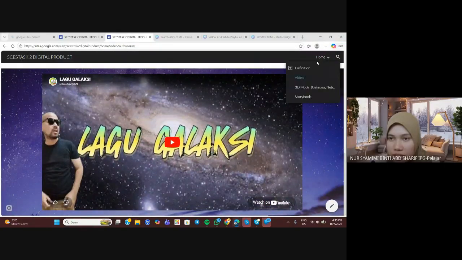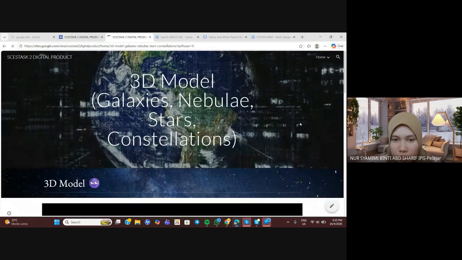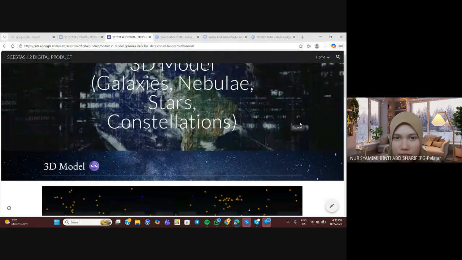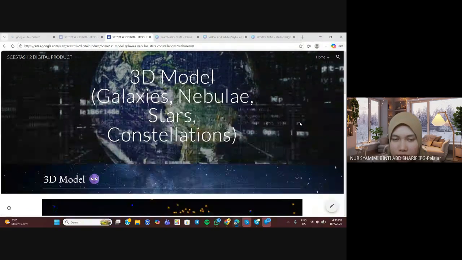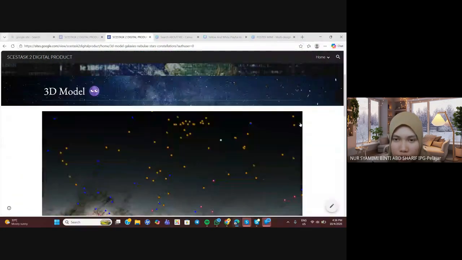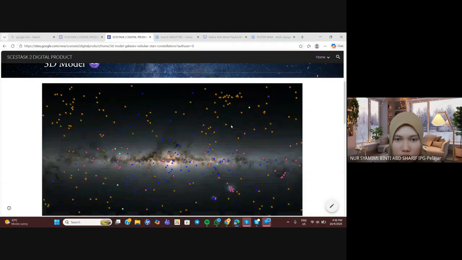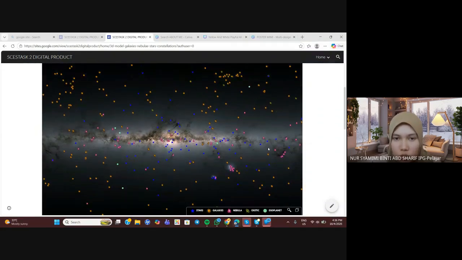Okay, for the next one, we have the 3D model, which is a website that shows galaxy, nebula, stars, and constellation. I prepared 3 websites, and the first one is here. We can look at the stars, galaxy, nebula, and the other planets.